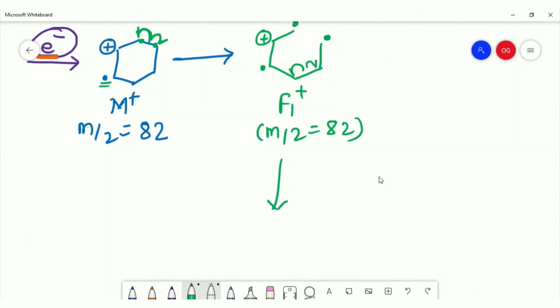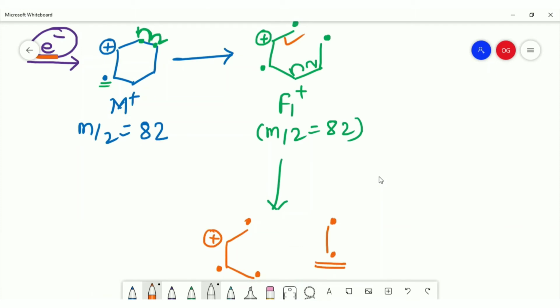So how will this structure look now? See, I am starting from here. This is the electron, first carbon bond, charge on this carbon, next bond, electron on this carbon, next bond, and now electron on this carbon. Here again this bond is there, this electron, and now this new electron.